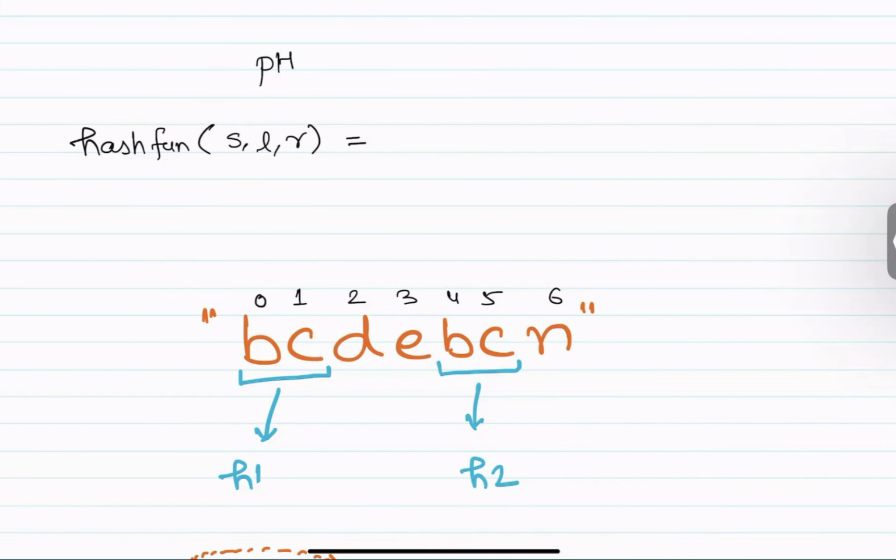This is where we apply the prefix sum concept. If you want the sum of these numbers, what do you do? If you want the range sum of L to R, we say PH of R minus PH of L minus 1, if L is not 0.